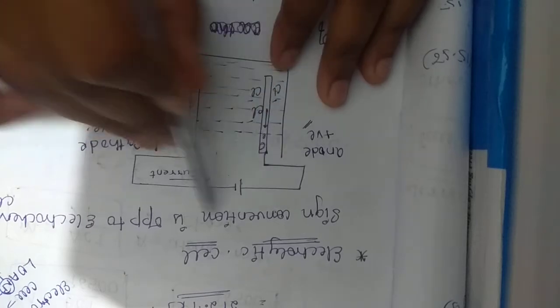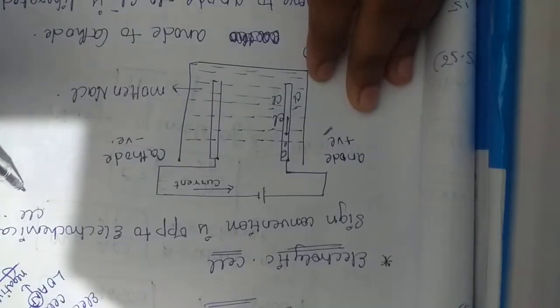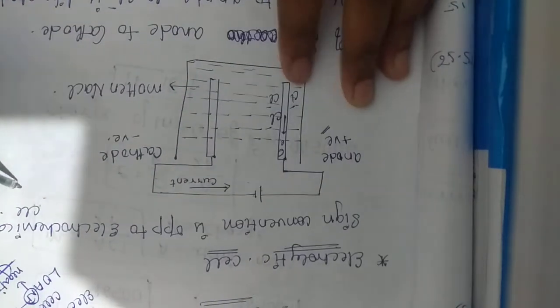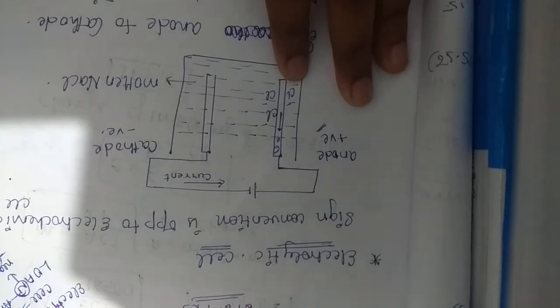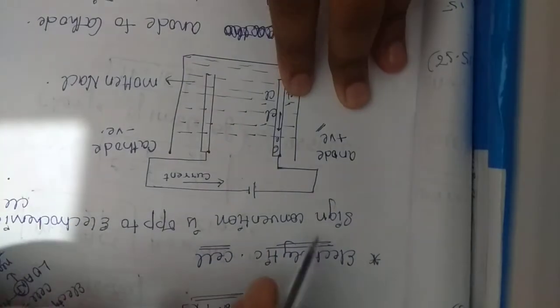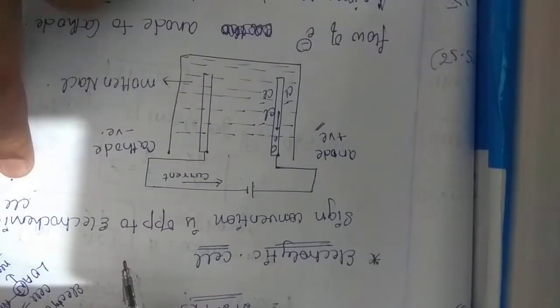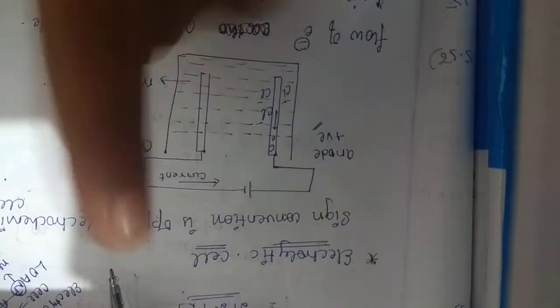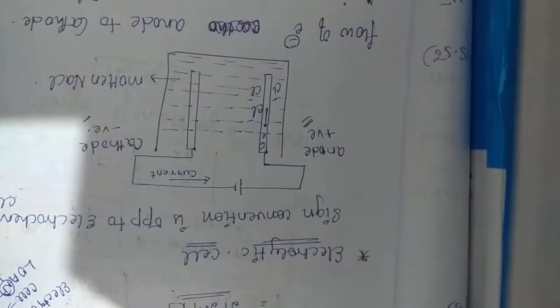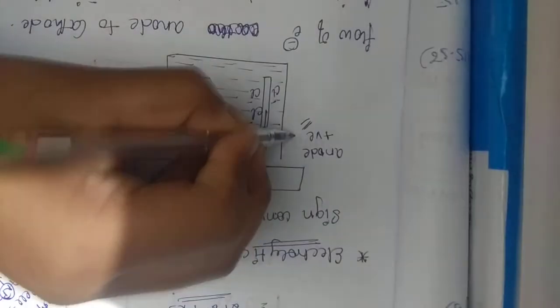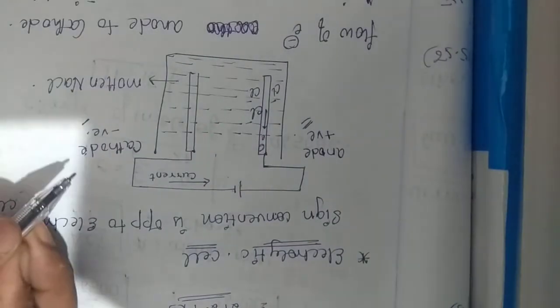The sign convention is opposite to electrochemical cell. Just remember this. This is a very minor point which we actually miss. So anode becomes positive, cathode becomes negative. Earlier we have seen anode as negative and cathode as positive.